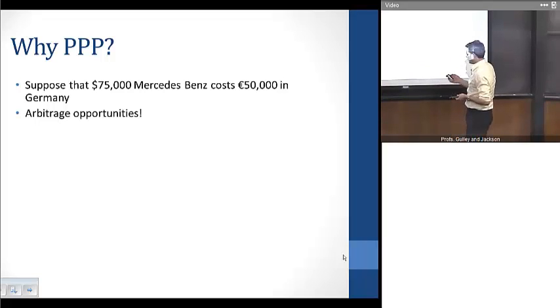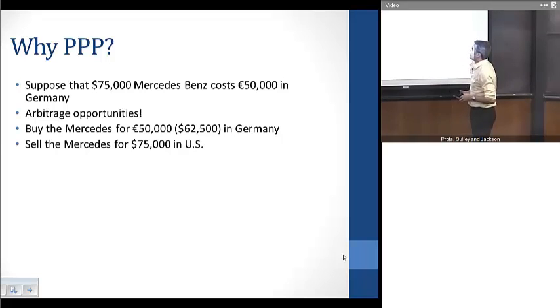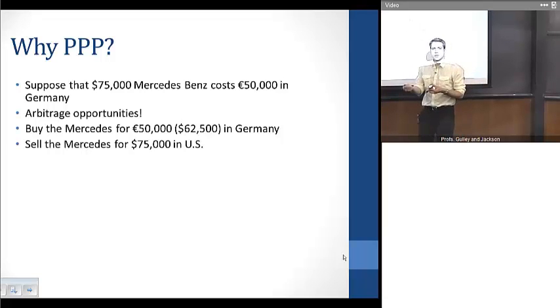So let's see. This is how this works, okay? If we're in the U.S., we can take $62,500, we convert that into euros, and it turns out if you make that conversion, that's going to be equivalent to 50,000 euros. Now, what do we do with the 50,000 euros? We go to the dealership in Germany, we buy our Mercedes-Benz, right?